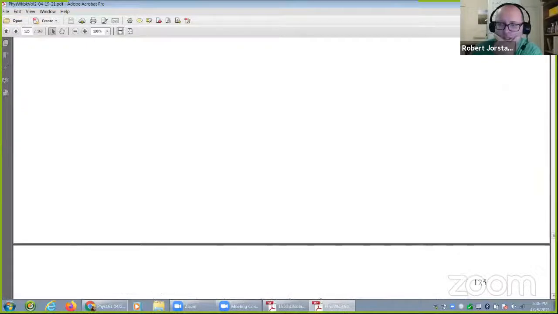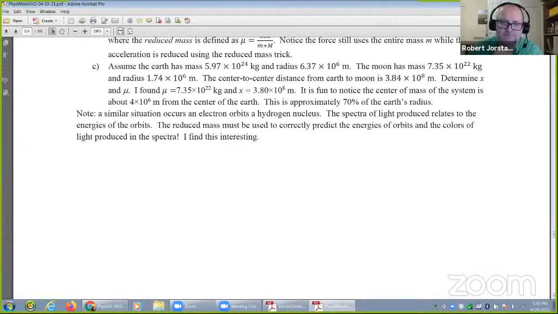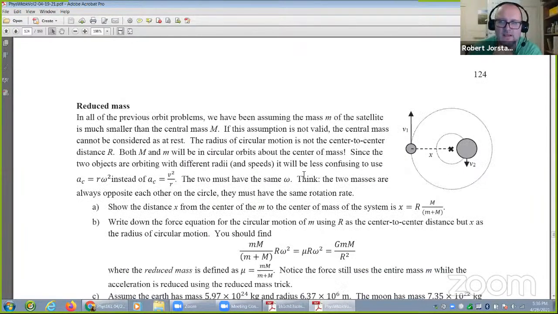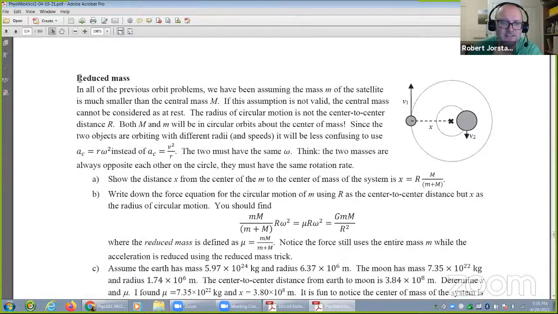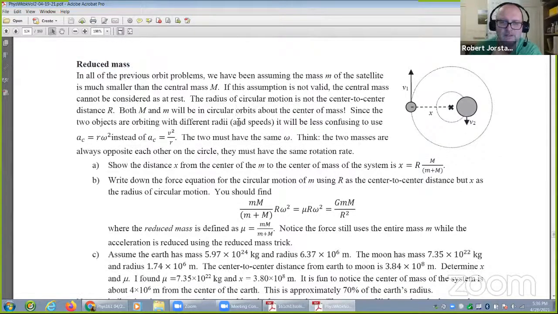All right. Let me see what else we got. Chemists and physicists, I know I keep mentioning things. If you have ever heard the term reduced mass and wondered what the heck that is and where it comes from, you can look at this problem. Not on the exam, but you might just make a note to yourself.